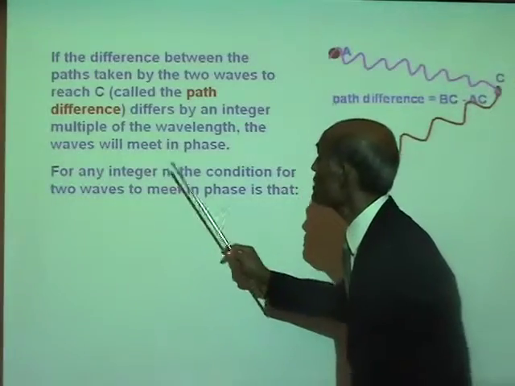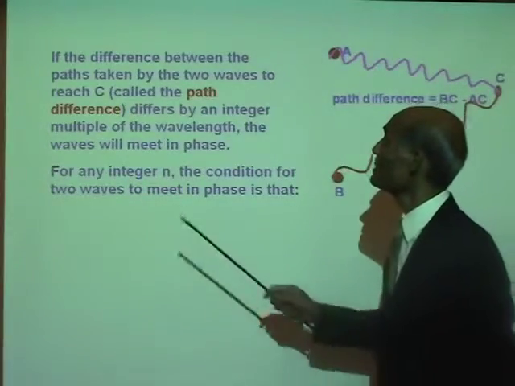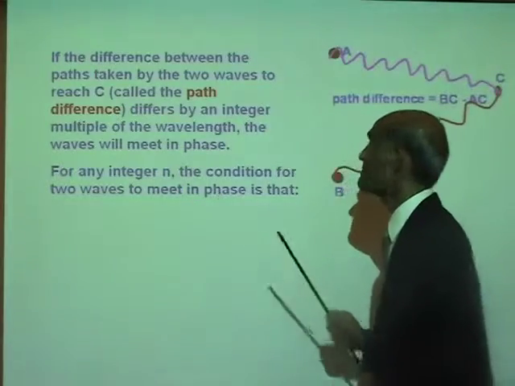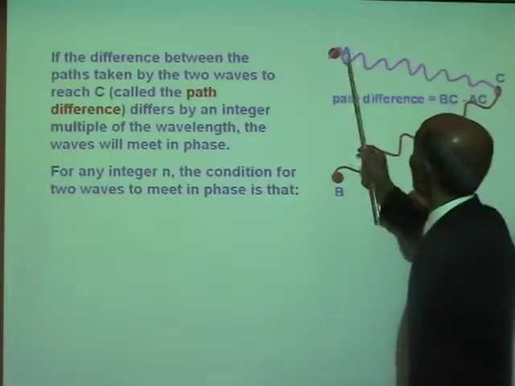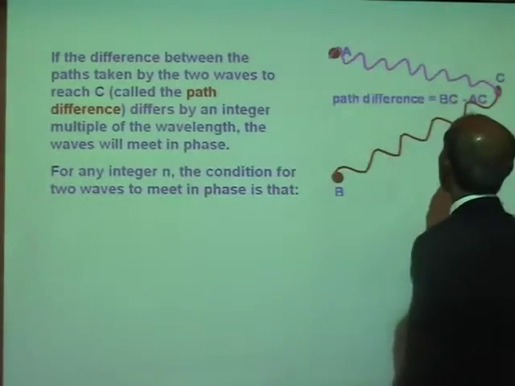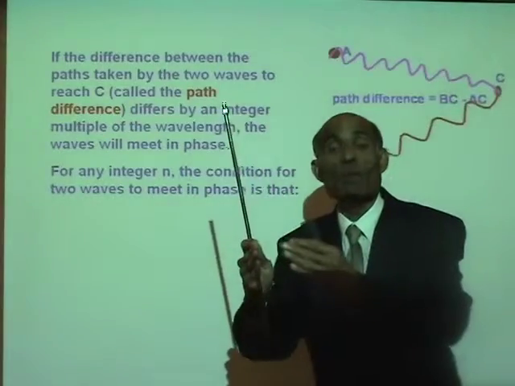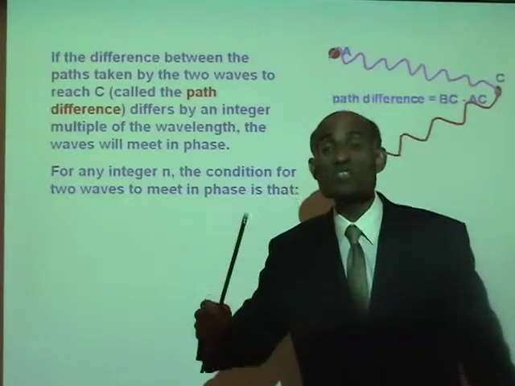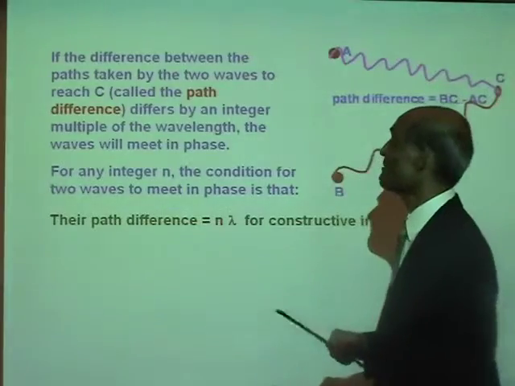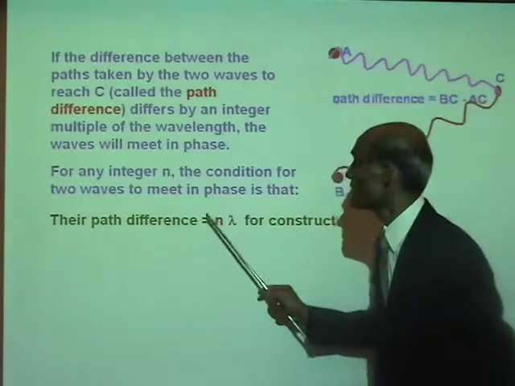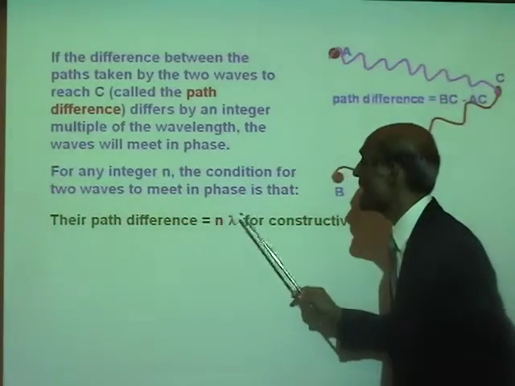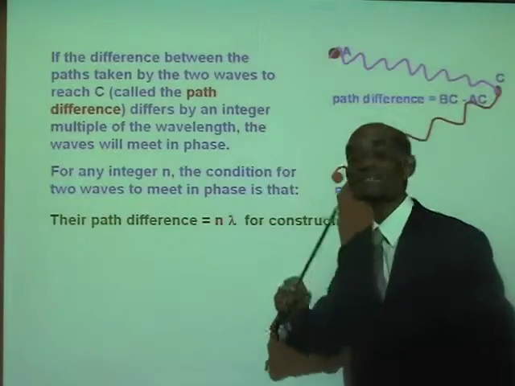For any integer n, the condition for two waves to meet in phase, what is the condition? That the difference between the length of their paths must be an integer multiple of the wavelength. The path difference equals n lambda, where n is an integer.